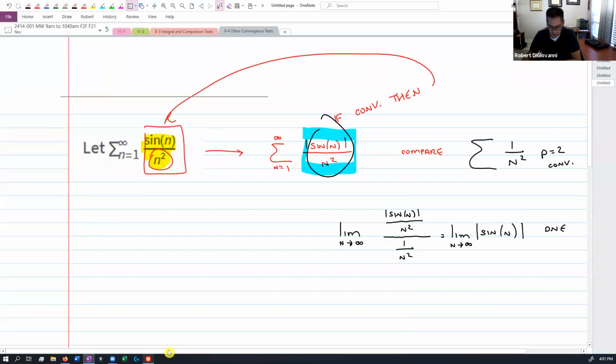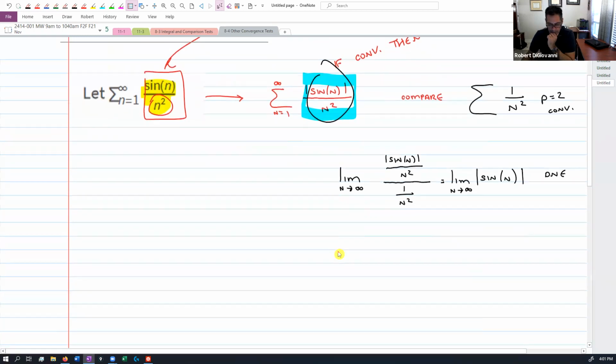What should we compare this to? Well, you know what? This is another great example of how sometimes limit comparison doesn't work as well as the inequalities. Instead of doing limit comparison, let's just do the traditional comparison where you have to do the inequality.